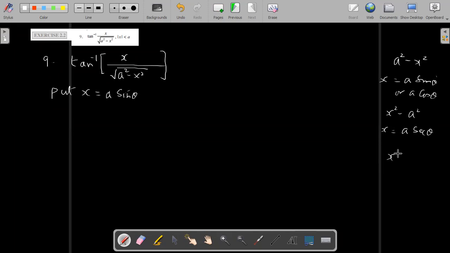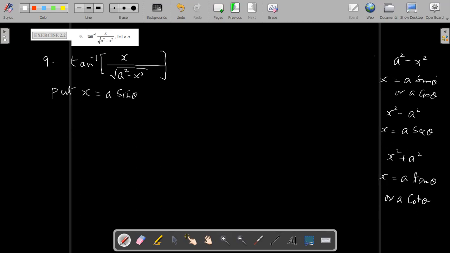Whenever it is x square plus a square or a square plus x square, substitute x is equal to a tan theta, or sometimes a cot theta, because tan square theta plus 1 is equal to sec square theta, and cot square theta plus 1 is equal to cosec square theta.